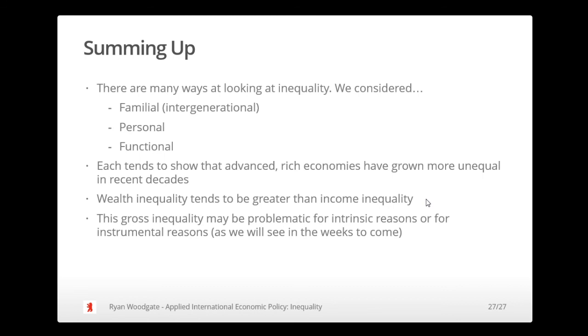On Wednesday, there will be a video on the causes and what we can do about this inequality without looking at the instrumental reasons, what effects inequality has on other variables. We're just going to be looking at what is causing this widespread inequality and what we can perhaps do about it from a policy perspective.